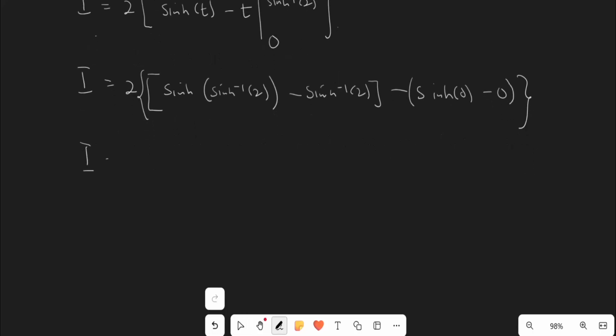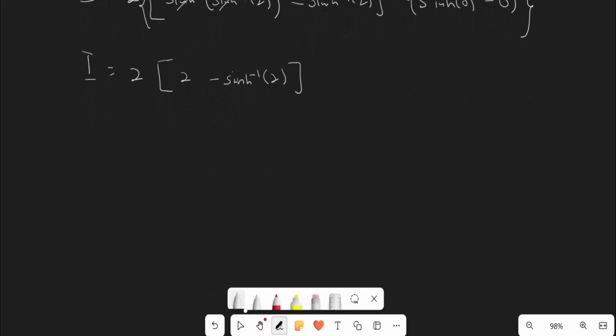Okay, so I is going to be 2 times sine hyperbolic of the sine hyperbolic inverse of 2. This and this will cancel, then we have 2 minus the sine hyperbolic inverse of 2, minus, this is 0 and that is 0. So we are good as it is now.